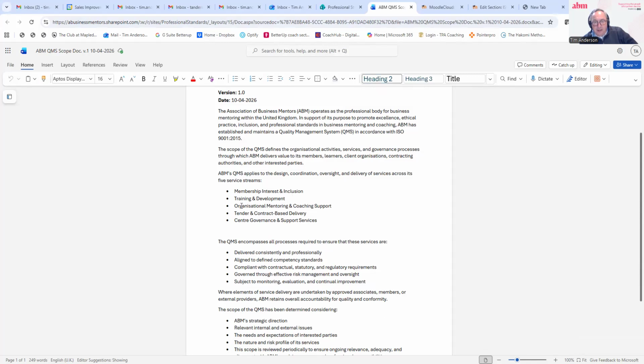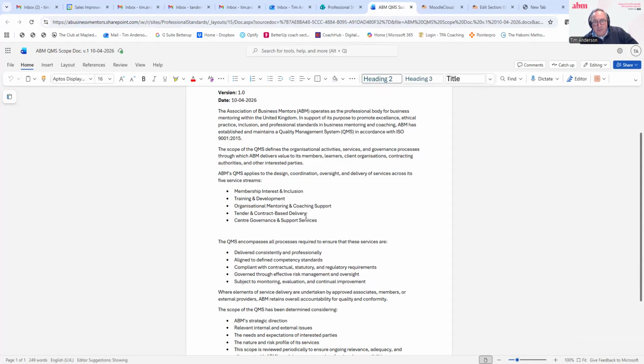Then we get into the organisation mentoring and coaching support and the tendering. So the organisational mentoring and coaching run by Pete, really high level of anticipation there. Great opportunity for us to be able to win business and have deliverables that our members can deliver on.